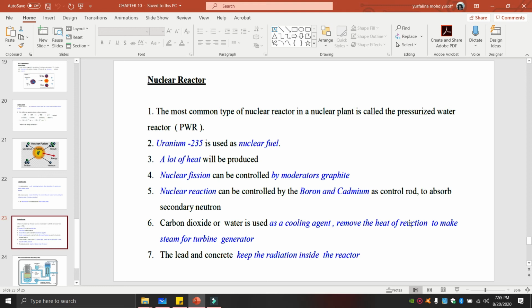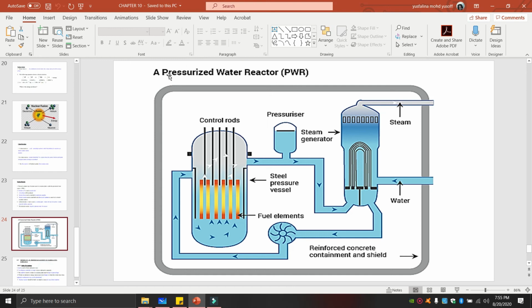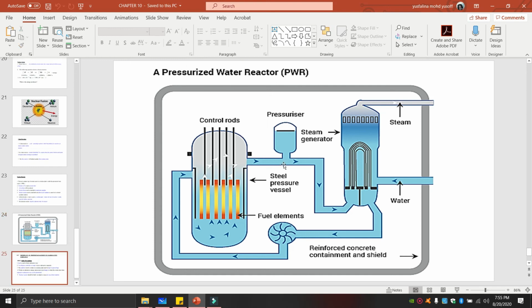The next one is that lead and concrete keep the radiation inside the reactor, because alpha, beta and gamma cannot penetrate lead. So they use lead and concrete to keep the radiation inside the reactor. So this is the example of the pressurized water reactor.